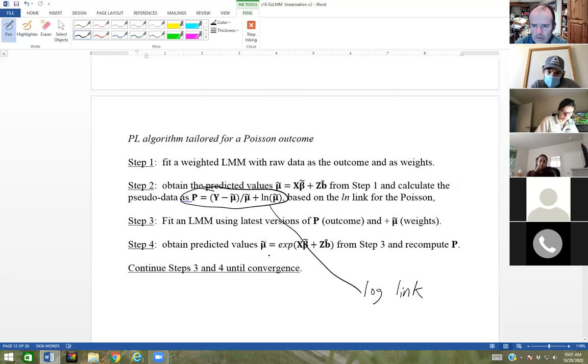We obtain new predicted values, mu tilde, and then we go back and fit the linear mixed model, and we do that iteratively until the solution converges.